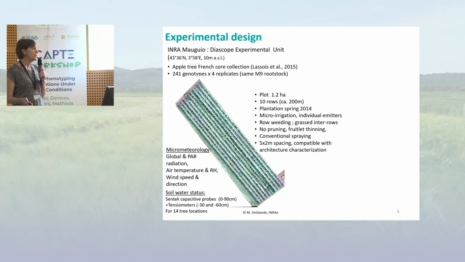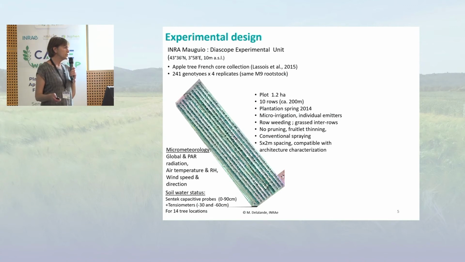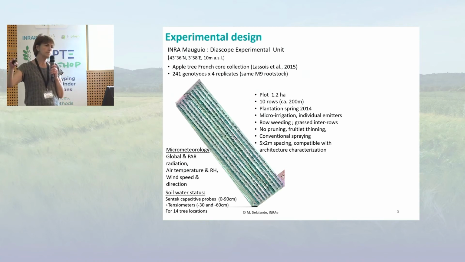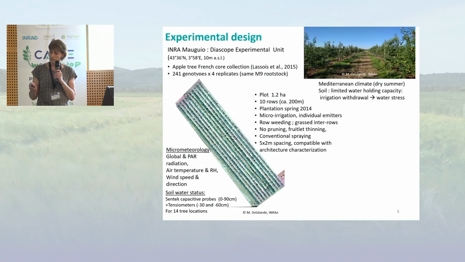We have a collection of 241 genotypes multiplied 4 times and displayed by couples twice, two replicates. The plot is micro-irrigated, and we have some meteorological and soil water status follow-up.